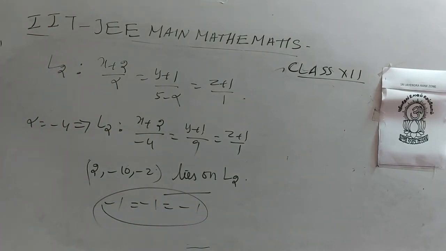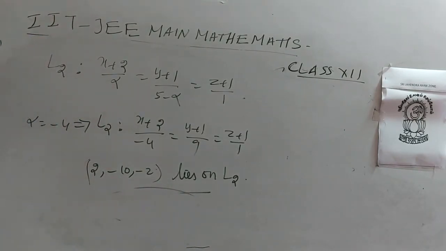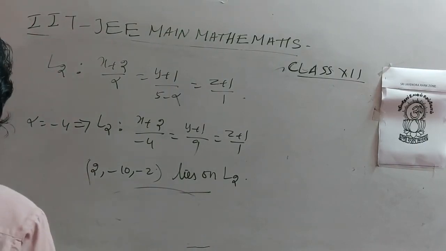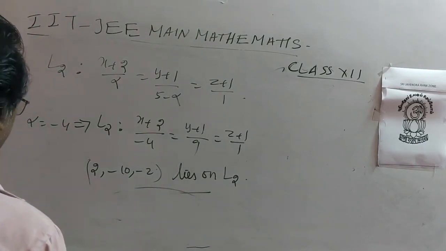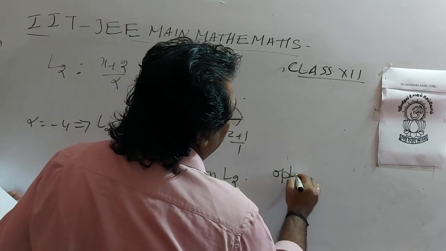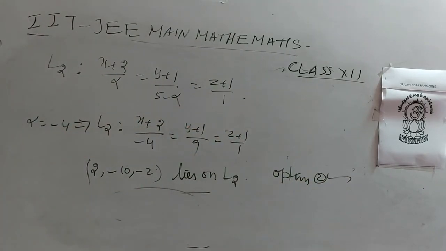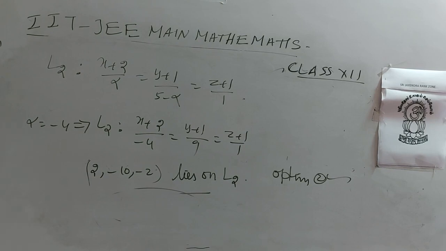Therefore, (2, -10, -2) lies on L2. So option 2 is correct. So we will discuss more sums in the next class. Thank you.